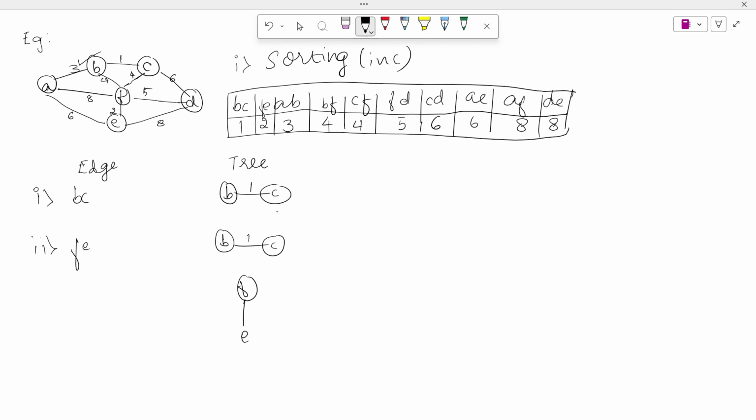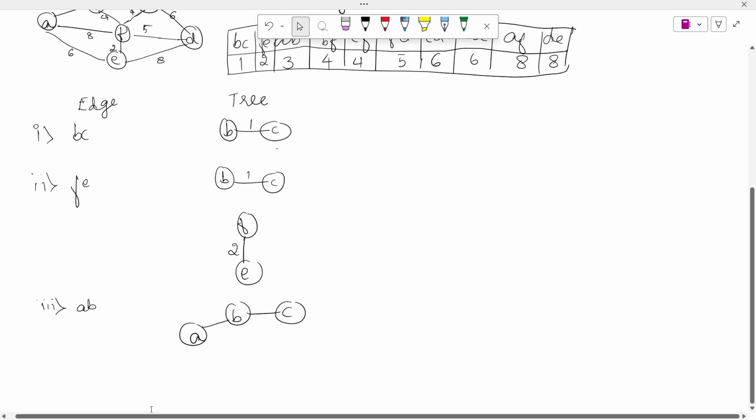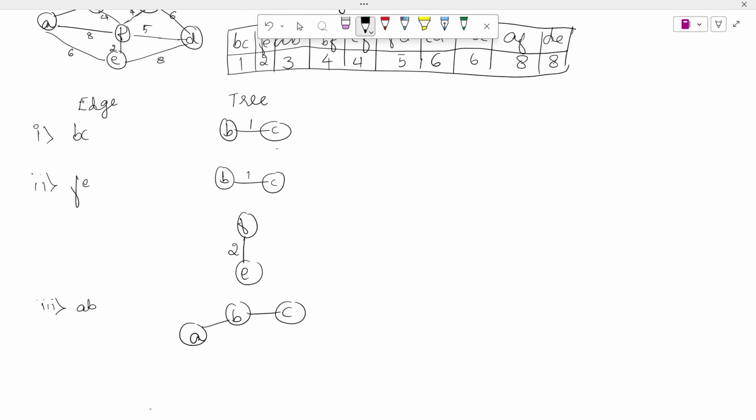So we'll write FE here with 2, then we will take the third edge, that is AB. Since B is already there, we can connect it here. AB and F will be written like this. So this is 3, 1 and 2.